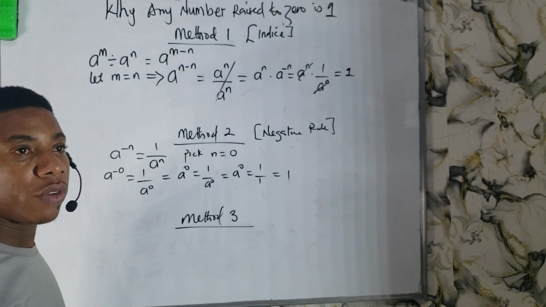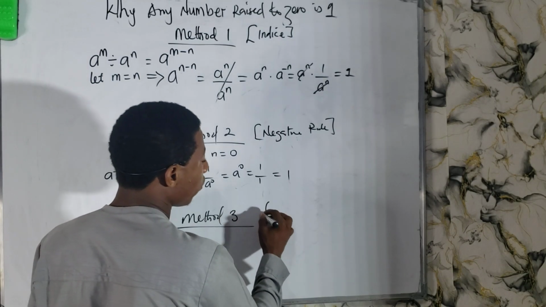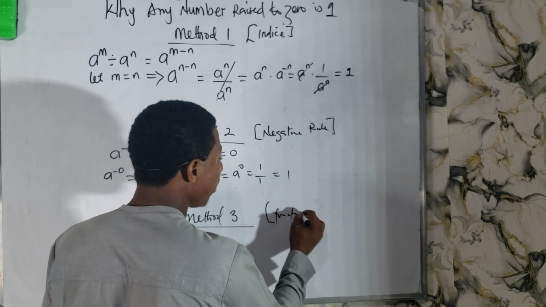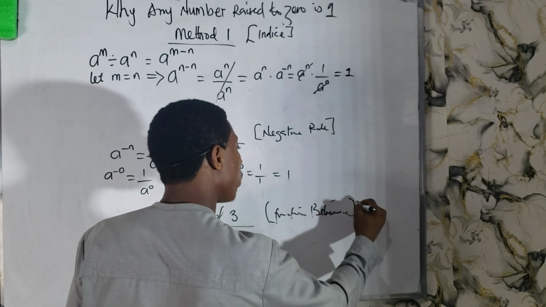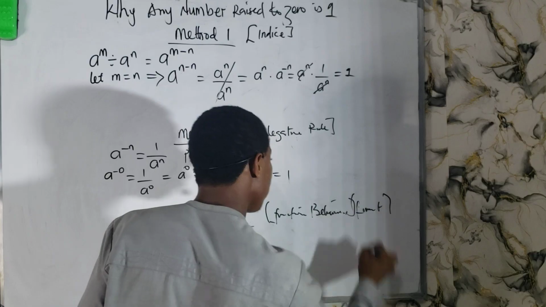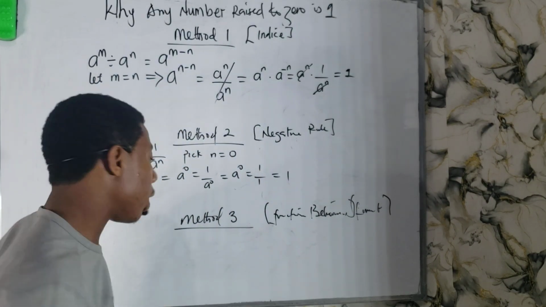Another striking one I'm going to give is the one we call the function behavior, or I call it the limit. This one is kind of technical, but just pay attention.